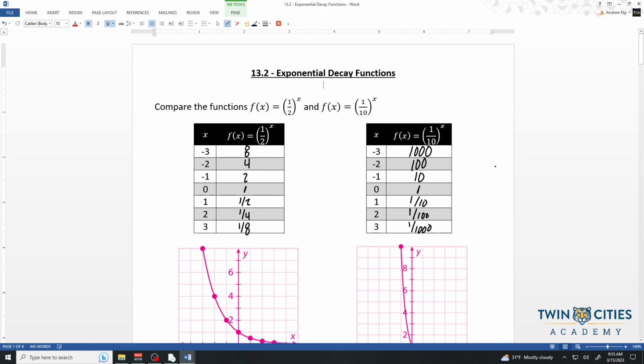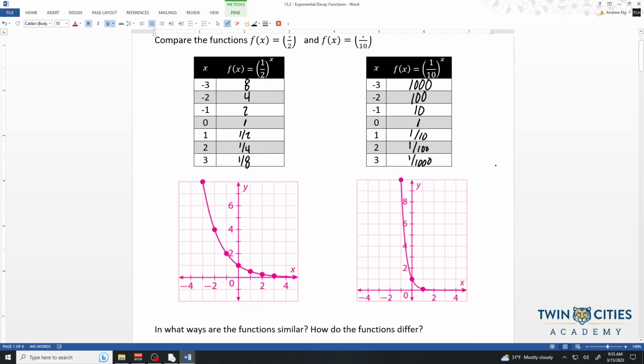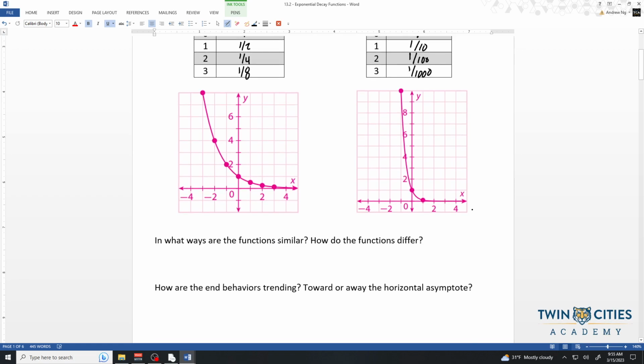All right, looking at the graph of each of these, it looks like this. So this is 1/2 to the x, and this is 1/10 to the x. So a couple questions we have about these are, in what ways are these functions similar? And how do these functions differ? So both are decreasing.